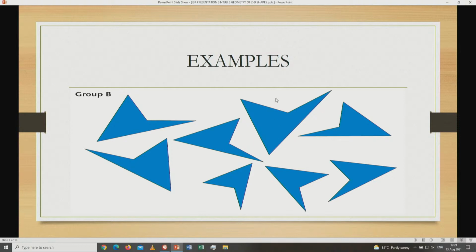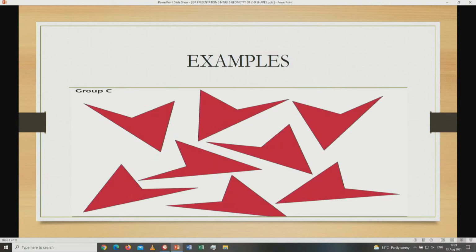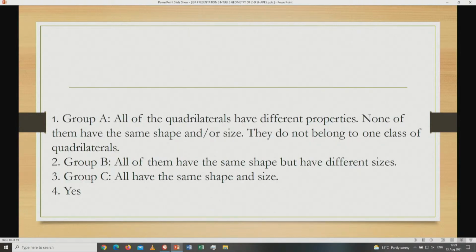This is not equal to this, this is not equal to this, so they differ. All of them have the same shape but different sizes. Are they similar or congruent? Yes, very good. They are similar because they are same shape but different sizes.